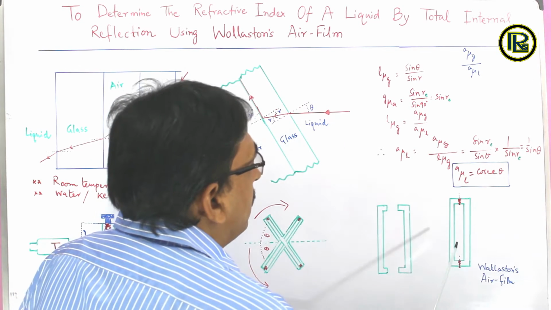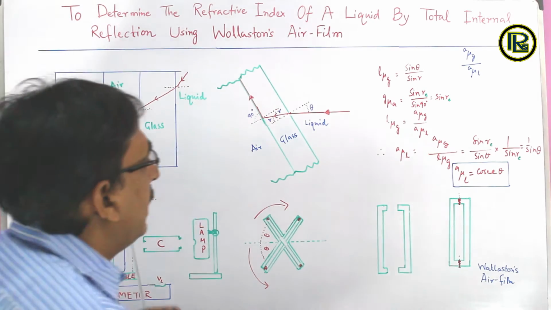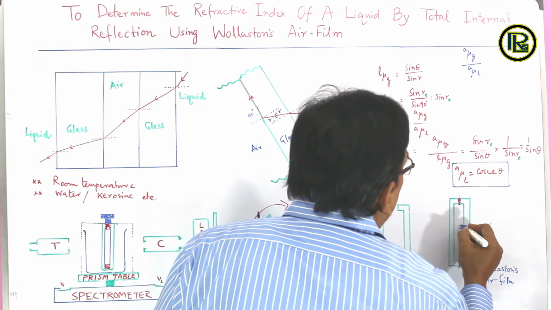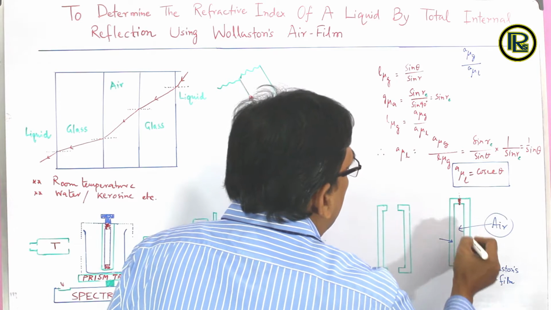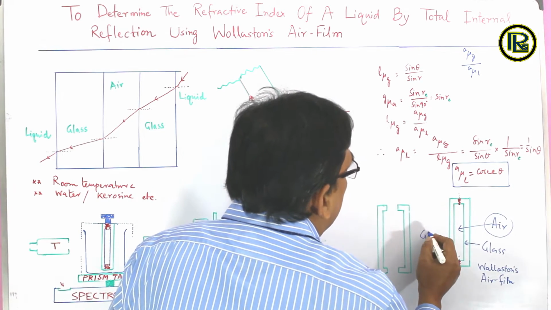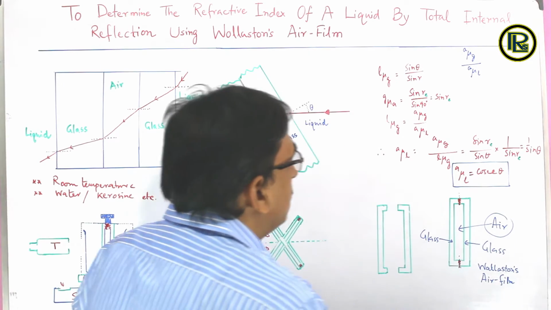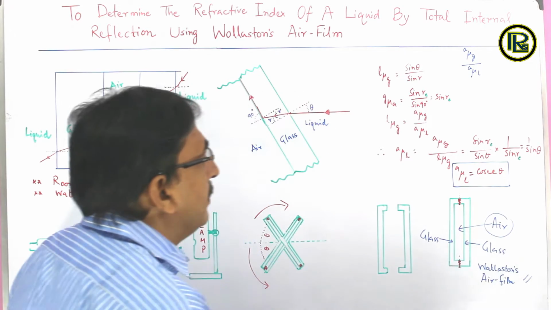This is called Wollaston's air film. So we have air trapped here, and we have the glass enclosure.